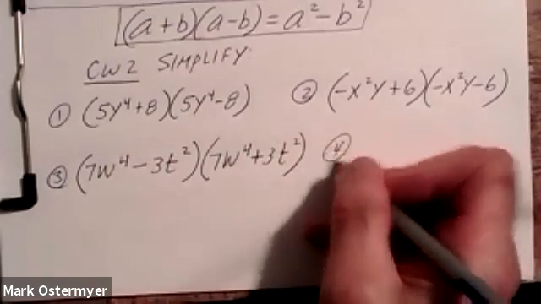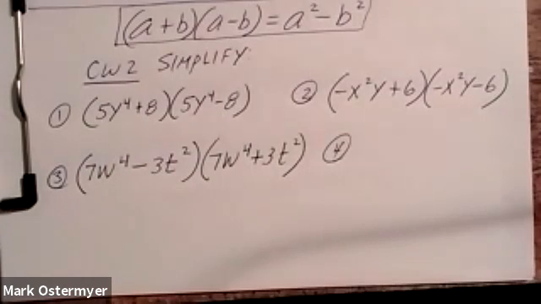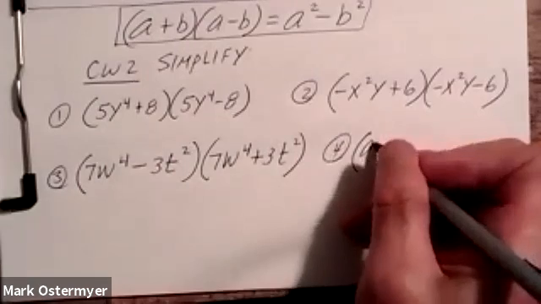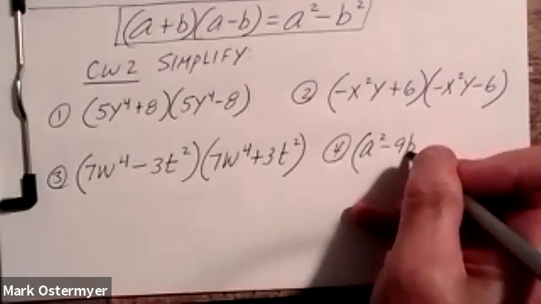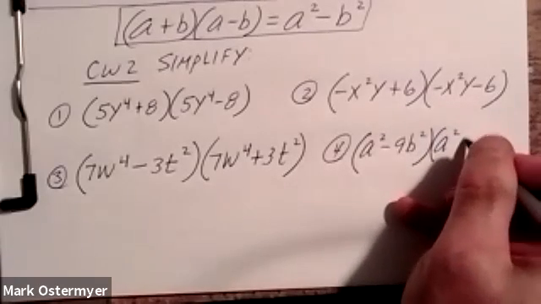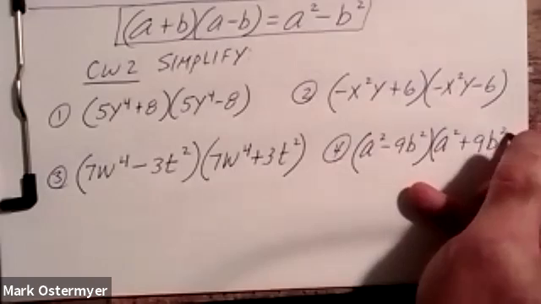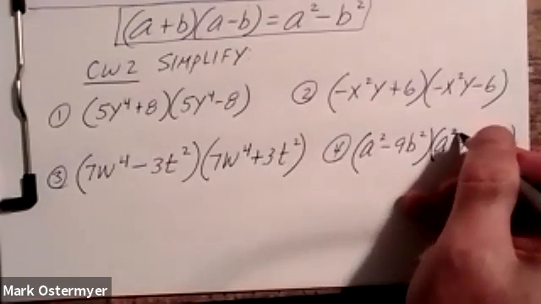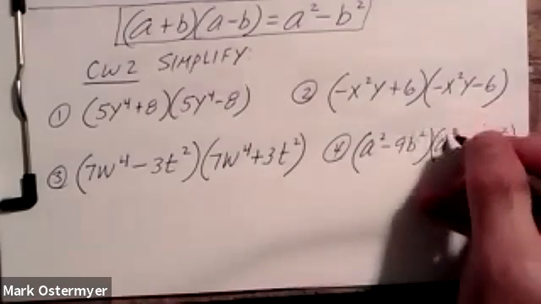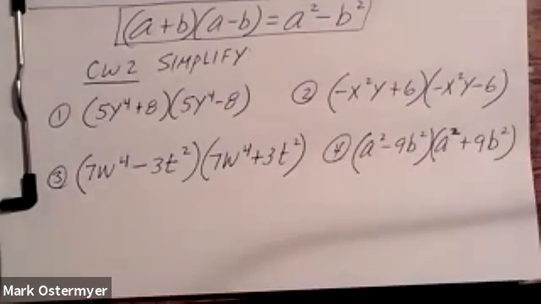And number 4, I'll give you one more here: a squared minus 9b squared times a squared plus 9b squared. We'll try those out. Try those out and see if you can multiply those together using a shortcut.